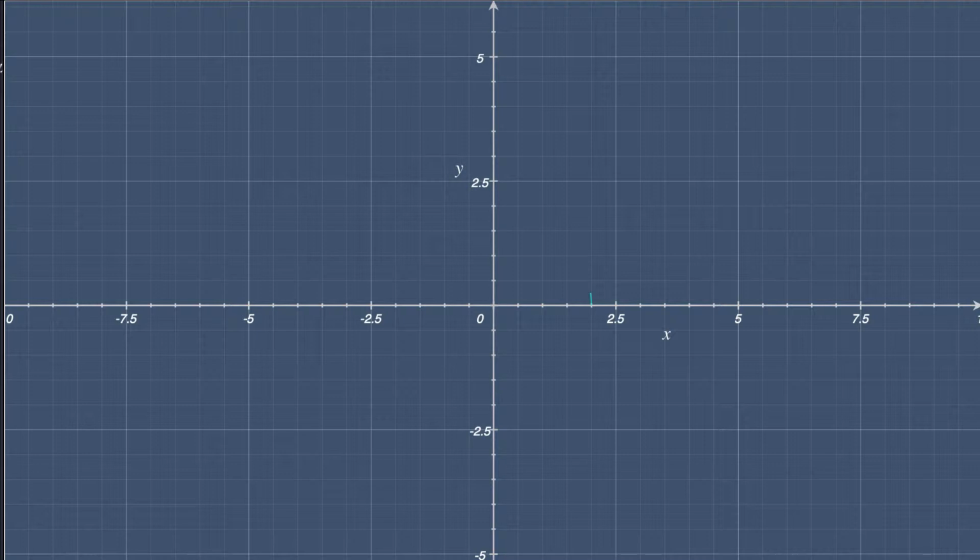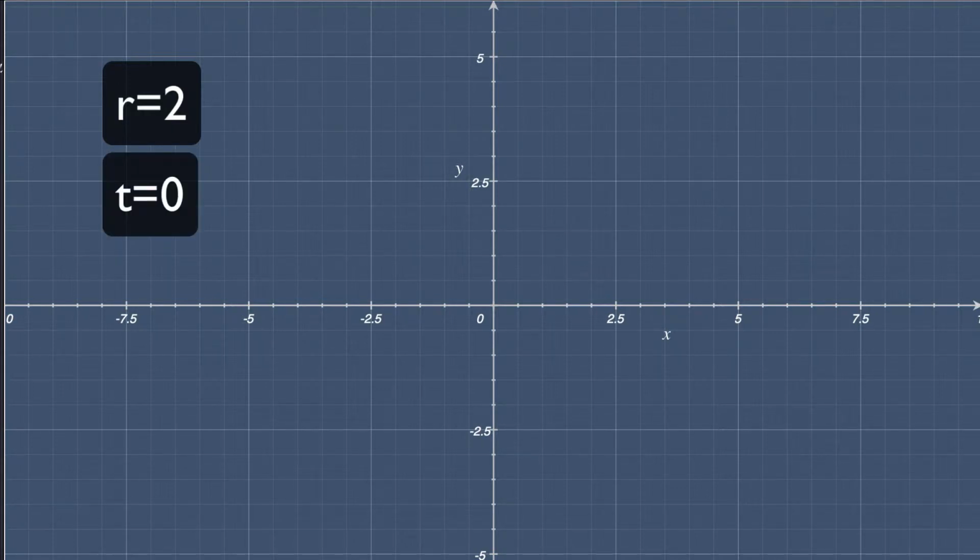R is a function of theta, and if we look at an example maybe like r equals 2, that's just a fixed radius of 2 no matter what the angle is. So if we cycle through all the possible angles here, theta equals 0, we're on the x-axis. Theta equals pi over 2, we're up on the y-axis.